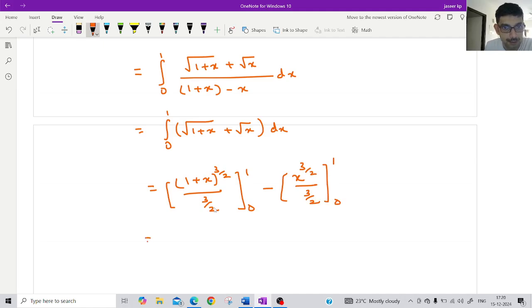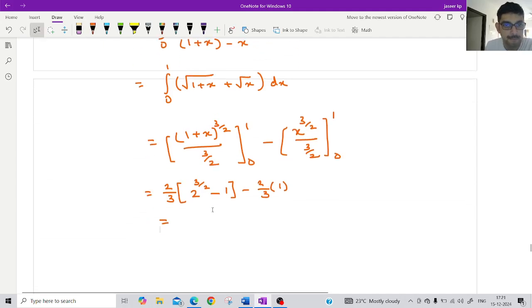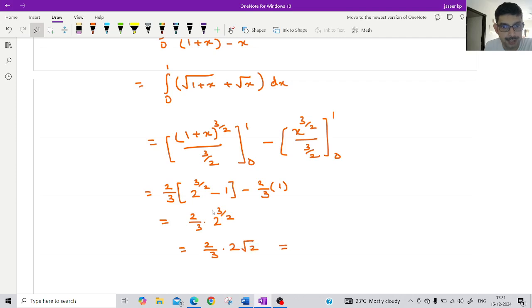So now applying the limits, it will come as 2 by 3 into 2 to the power 3 by 2 minus 1, minus 2 by 3 into 1. So further simplifying, it will come as 2 by 3 into 2 to the power 3 by 2. So that is 2 by 3 into 2 root 2. So answer will come as 4 root 2 by 3.